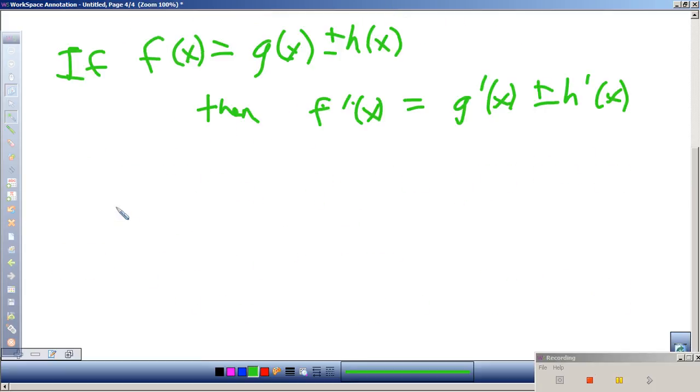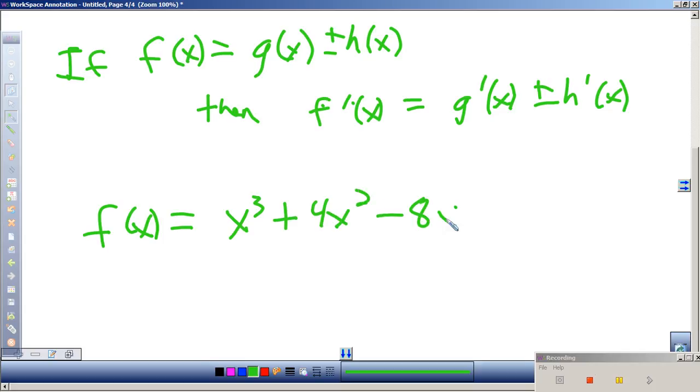So let's say we had f of x equals x to the third plus 4x squared minus 8x plus 12. Okay, derivative. Now, this would be very challenging to do with the limit definition, right? Somewhere you're very likely going to mess up with the multiplication, and it gets really long, a big hassle.